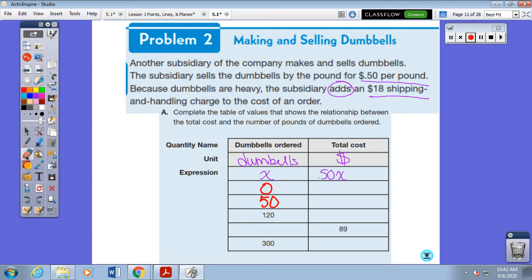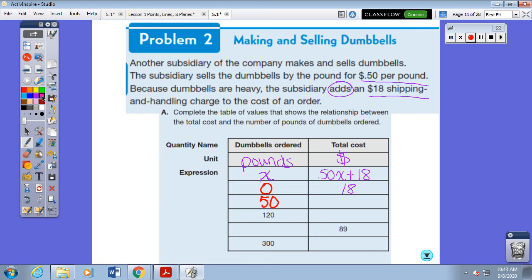Sorry, this should be pounds, because the pounds on your dumbbells is X. 50 cents per pound plus $18 shipping would be your total cost. So if I had a 0 pound weight, it's going to cost me $18. But, I mean, technically you don't buy a 0 pound weight.